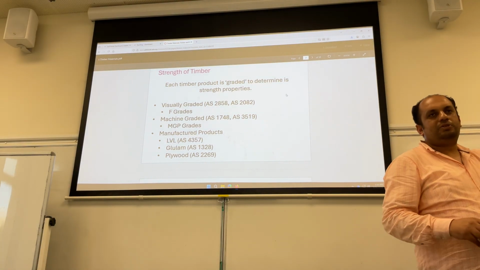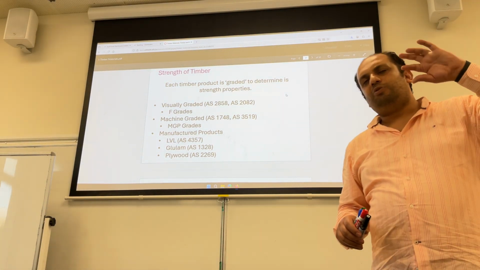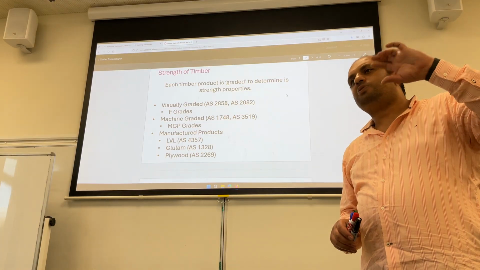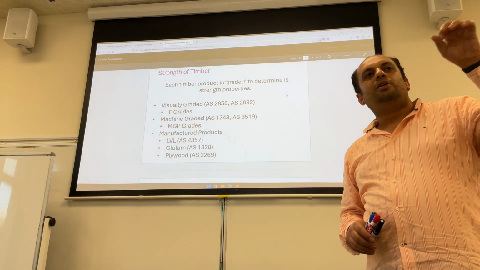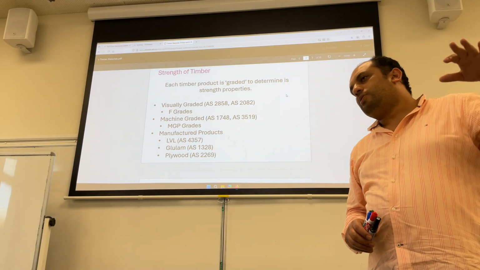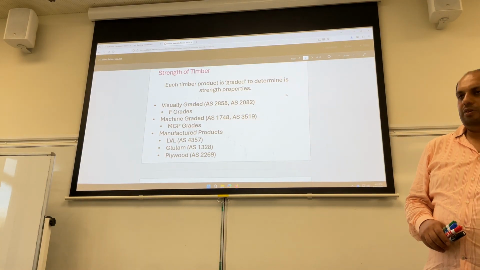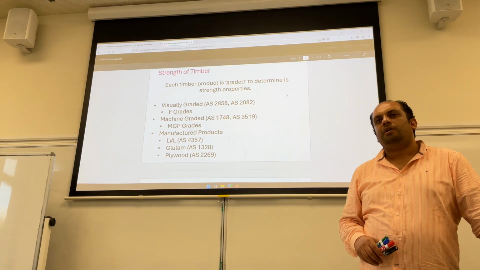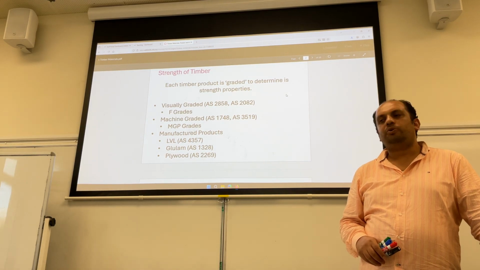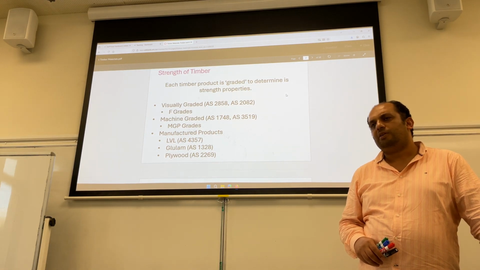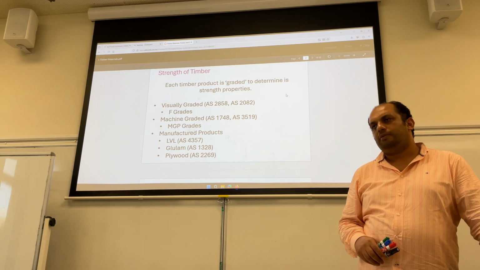Based on the use of the member you are designing, you choose the timber. If you remember last year, we choose the lowest grade of MGP for the building or bracing, sorry, and for the rafter and column we use what? Glulam or LVL.